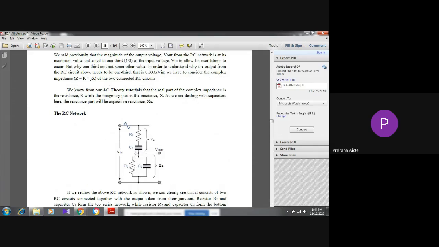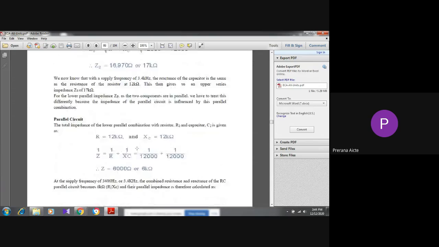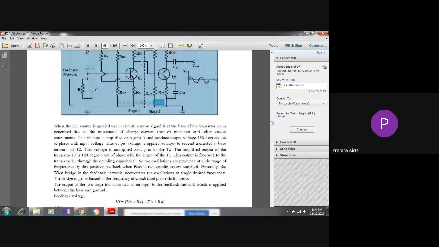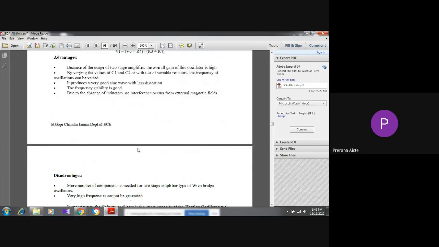Suppose R1 is equal to R2 is equal to R, and C1 equal to C2 equal to C, then the formula will be 1 by 2 pi RC. So similarly, see the advantages and disadvantages of the Wien bridge.